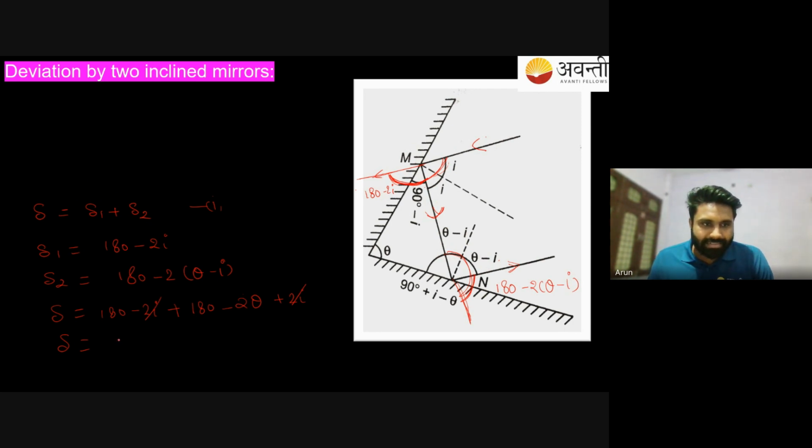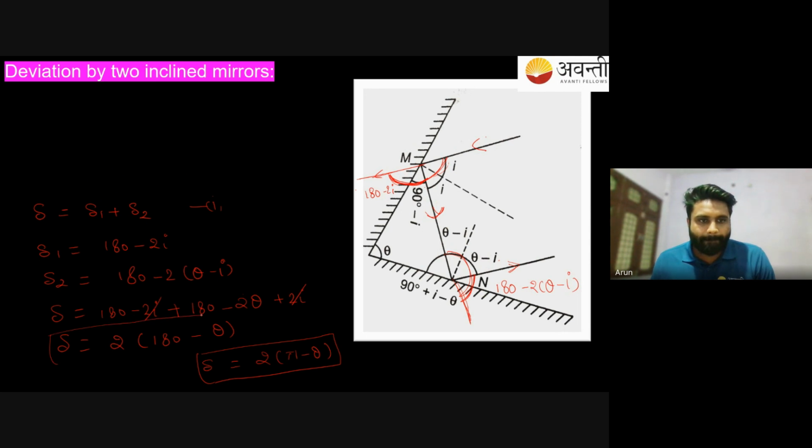The delta will be 2 times 180 minus theta. You can also write it as 2 times pi minus theta. So this is another formula that you have. Do you have any trouble with this? You can ask.